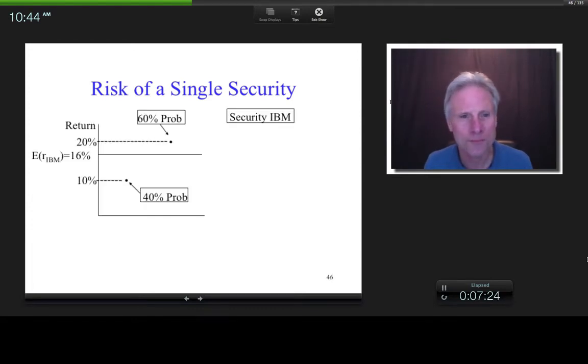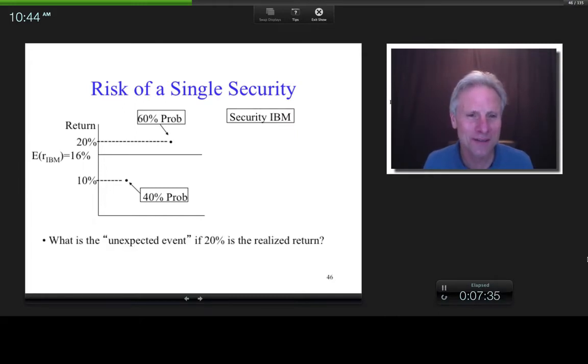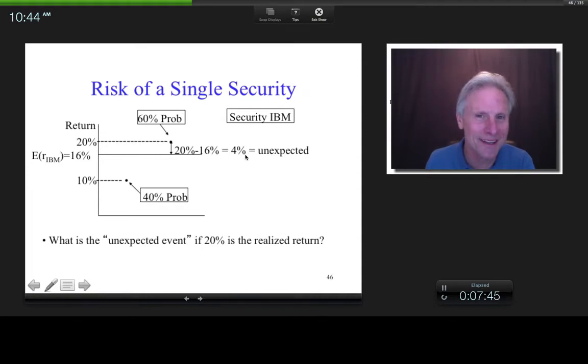So let's try to develop a formula that measures risk. We'll use IBM. So we've said that risk is about the unexpected, right? Well, how much is unexpected if this 20% is what is realized? Well, it would be 4%, right? We get 20, we expected 16, so 4% would be unexpected.